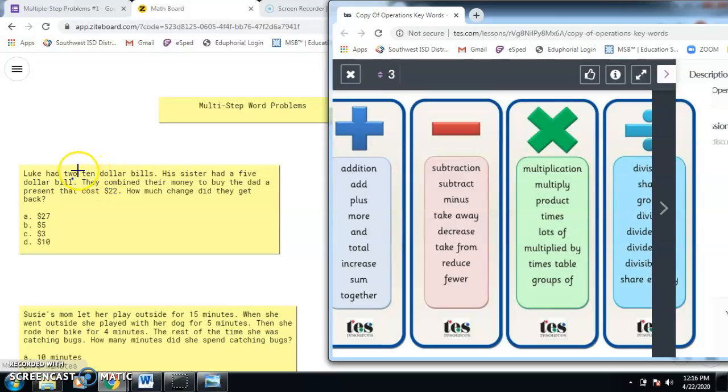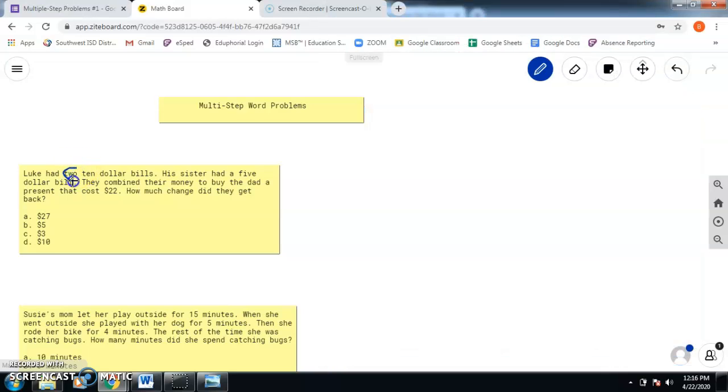So Luke had 2 $10 bills, okay? 2 $10 bills. And when they're written out like that, I want you to write them in numerical form. So 2 $10 bills, okay?